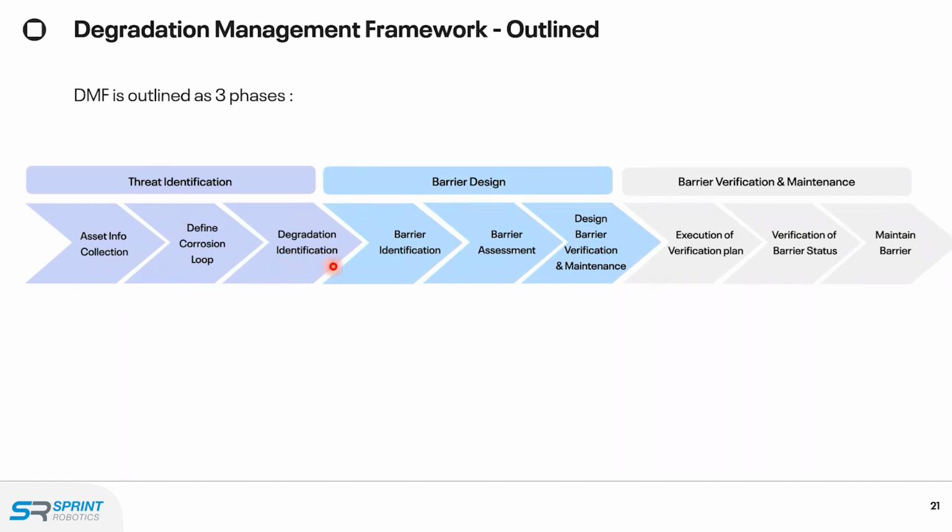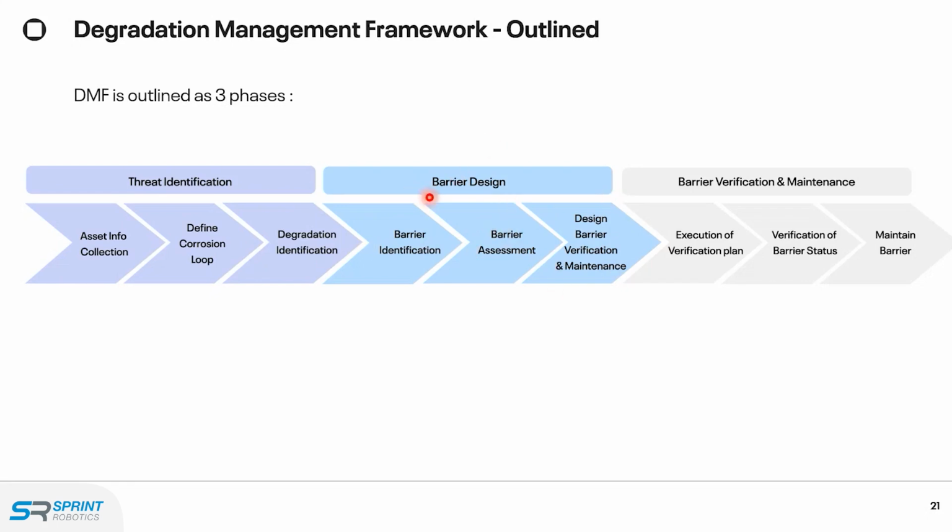Then we identify the potential degradations, right? So now we identify that that corrosion loop is subject to CUI, for example. And then what do you do if you identify that equipment, with that material, that temperature, that pressure, that insulation, is subject to CUI? Now we think about how we're going to design the barrier, identify the barrier, assess the barrier, and do the verification and maintenance.